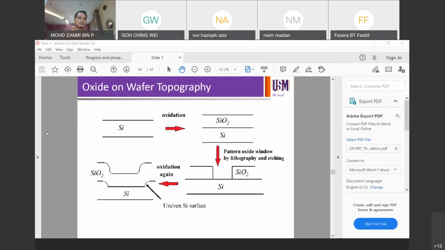Is it related to the oxide at all? Cuba tengok what's the limiting factor for the oxidant to react with silicon versus what's the limiting factor for the oxide to react with silicon with existing silicon dioxide. Apa bezanya? What's the limiting factor?